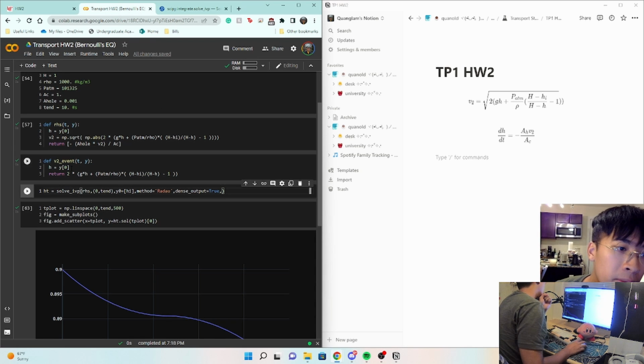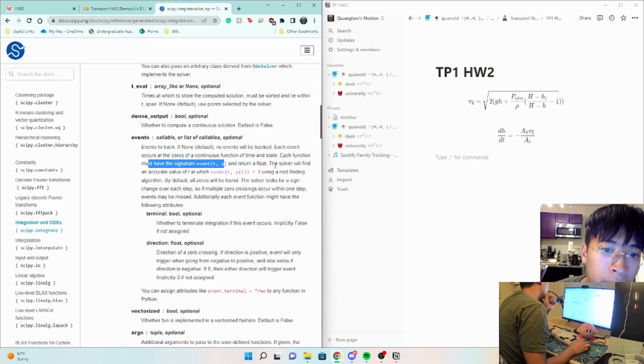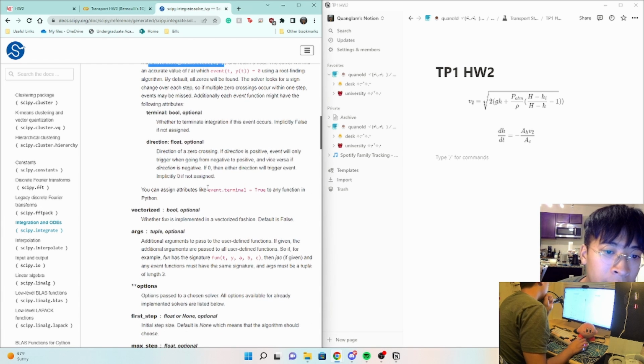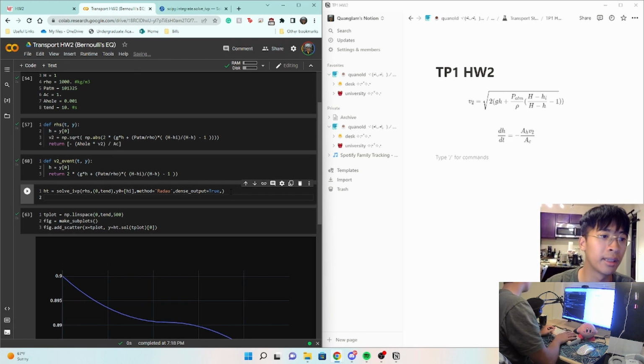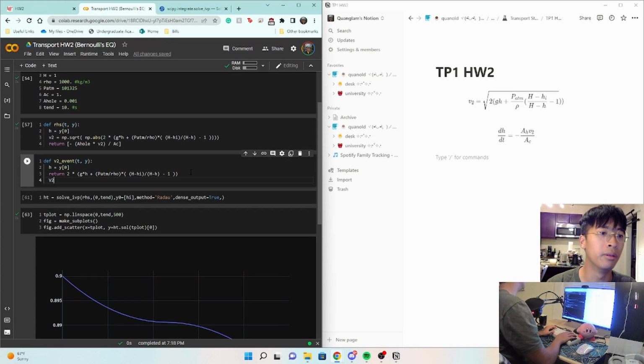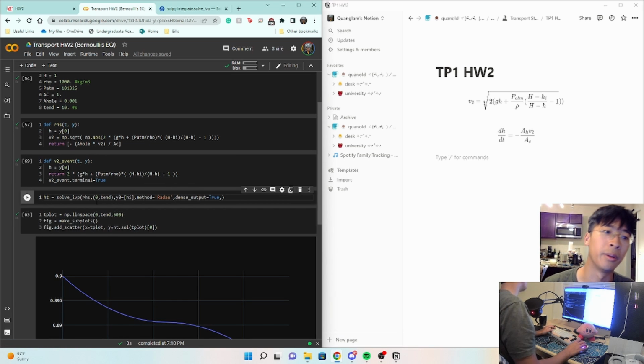It should return a float. So indeed, we are returning a float. You can assign attributes like event.terminal equals true to any function in Python. Okay, that's why you should read the documentation. So let's do it. v2_event.terminal equals true. Hey, there we go. Perfect.